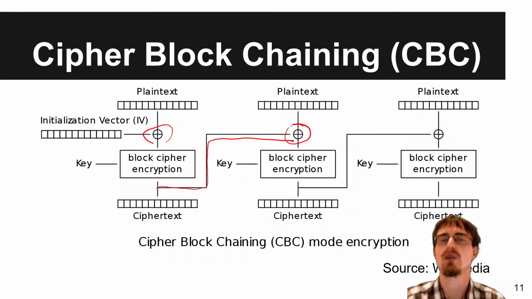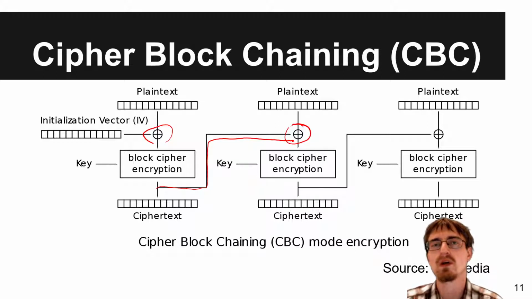And then it's XORed with the next block of plain text. And this continues on and on. Now at this point, the input for the encryption function depends on the previous block, or in case of the first block, the initialization vector. At this point, we no longer have the situation that identical blocks yield identical output, because after the XOR they will all be different in practice.